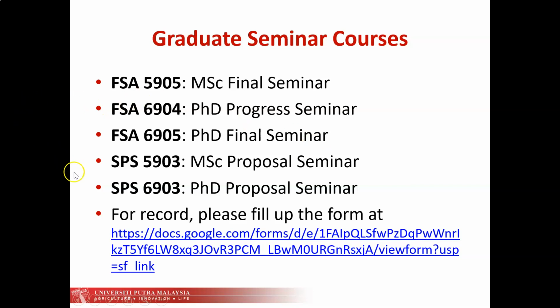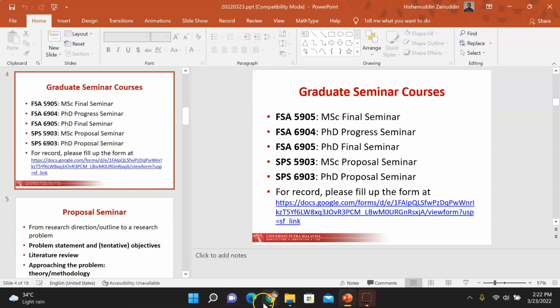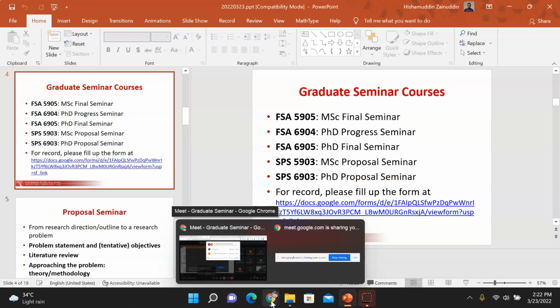If you have done the previous one, you probably need to do this one. And if you already have, let me show you. Let me get out of this PowerPoint first. I'll tell you who has already registered.